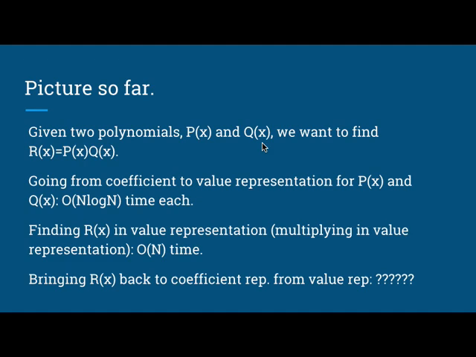And then we saw right at the beginning, this was our first conclusion, that you can multiply 2 polynomials in value form in O of n time. Remember that? So we have 2 polynomials, P of x, Q of x. Move them to value form, takes n log n time each. So far, like 2n log n. Multiply them here, takes O of n time. So 2n log n plus n. It's fine. So far, so good.